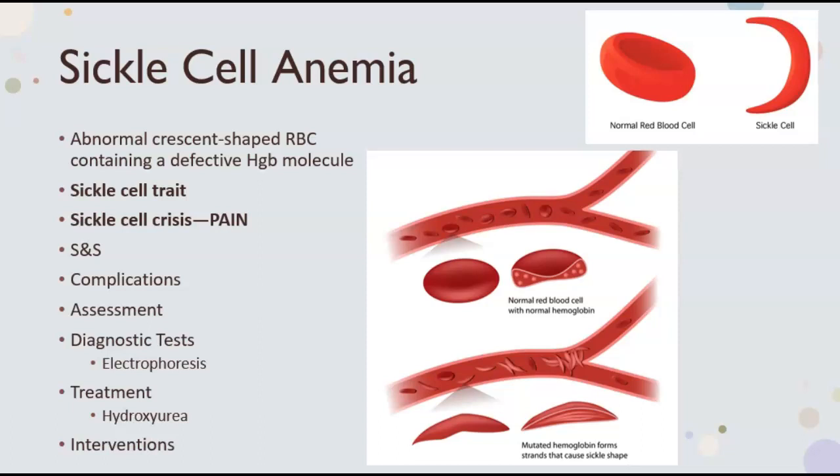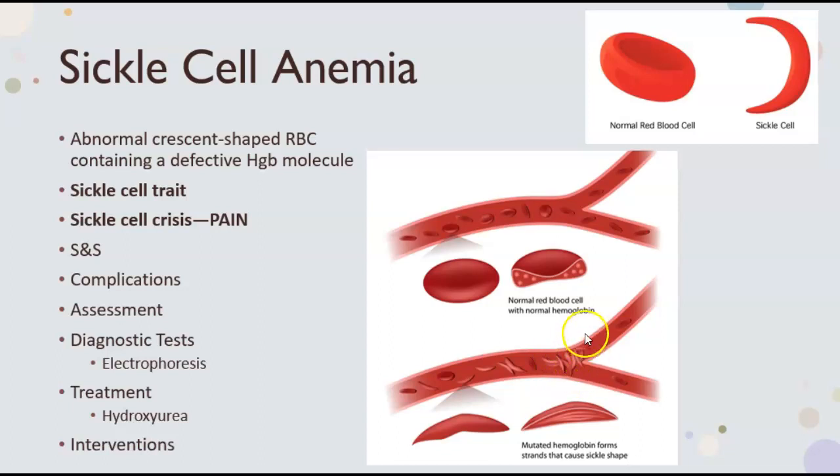Sickle cell crisis, the main thing here is pain. If we go back to our angina lectures, we know that ischemia, lack of blood flow, causes pain. What happens in sickle cell crisis is these sickle cells that are shaped like this aggregate or clump together more easily, and that causes a blood clot.